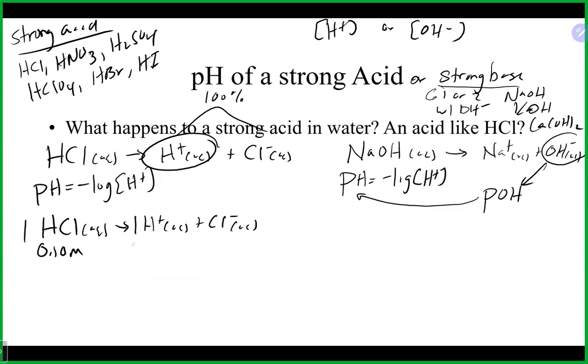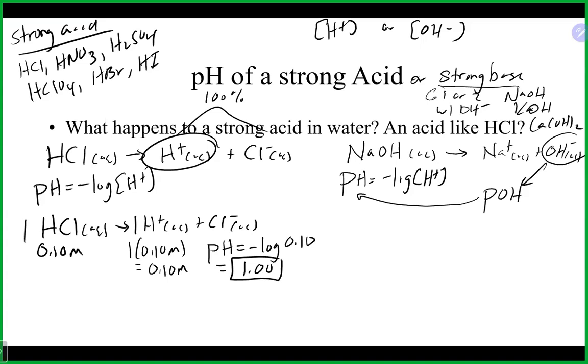And that means that the H plus concentration in this solution would be 1 times 0.1, or 0.1 molar. And that's really what we need to calculate the pH. At that point, we could then go right into our pH equals minus the log of 0.1 molar. And that's going to get us our pH here of 1, which we would expect is acidic, definitely, since it's a strong acid.